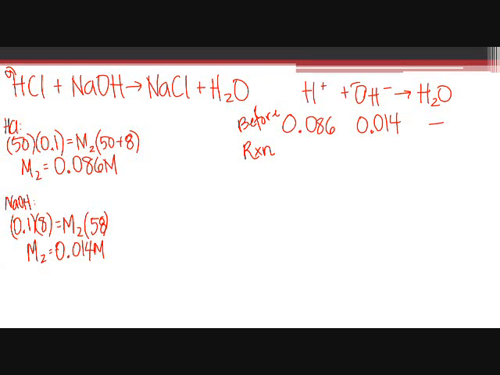So in our reaction, it's pretty obvious that the hydroxide is the limiting reactant right now. So we subtract that to use up all of the limiting reactant. So then after the reaction, we have 0 concentration of the sodium hydroxide and 0.072 molar H plus.